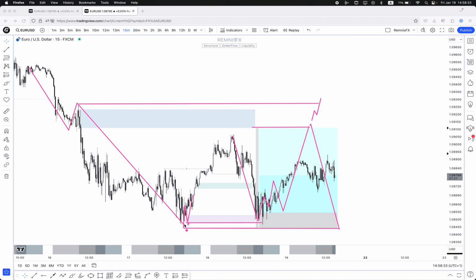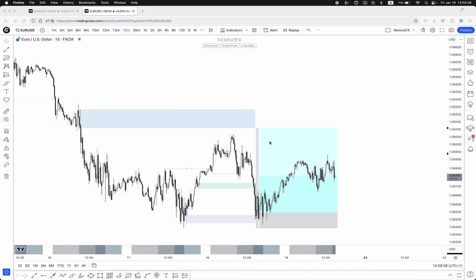It is possible, but at least I will get out of my short-term buy positions at this area. And if I can see a reaction from within this area, or perhaps a liquidation, and then price gives me an internal shock, I can still look for the sells at that point.